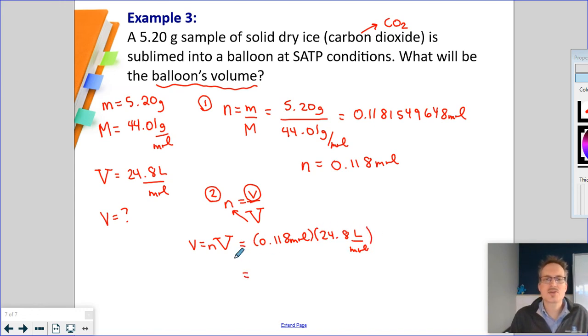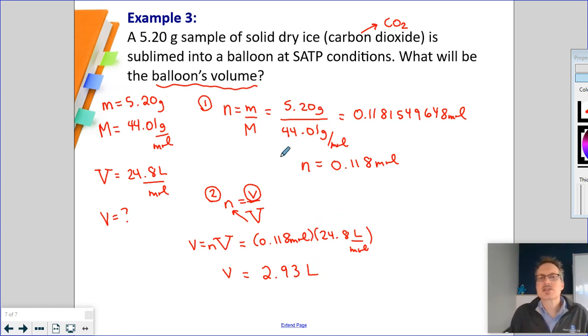Now, when you go to find this volume, remember, you have the full number in your calculator. So just go answer times 24.8, enter. And again, we're going to get a big, long number. But you know already, you only need 3 sig digs. So we can right away put this into 2.93 liters.